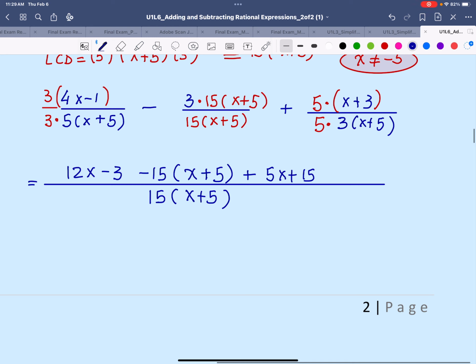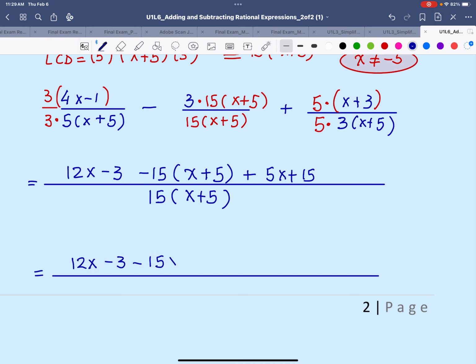So let's bring them all together. And now we have 12x minus 3 minus 15x. Now 15 times 5. My bad here, I just missed something. Good thing I realized right now.